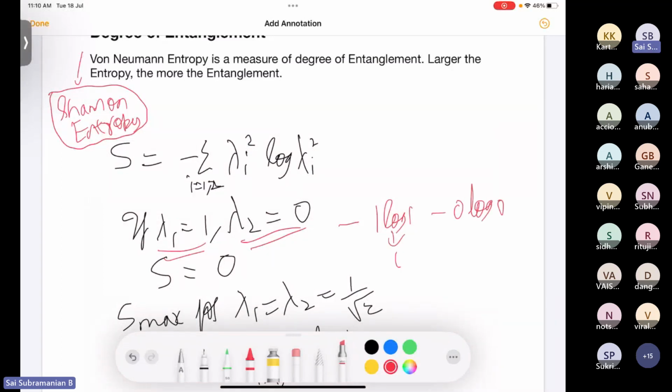Log 1 is 0. And this, while it seems like 0 times infinity, if you take the limit properly, as x goes to 0, x log x will also go to 0. So the total entropy is 0. No entanglement, so S is 0.